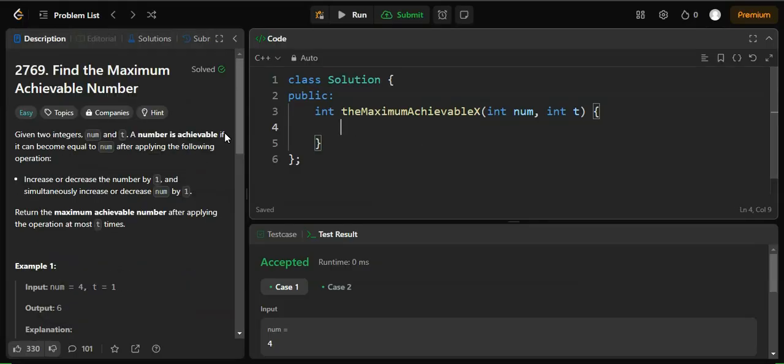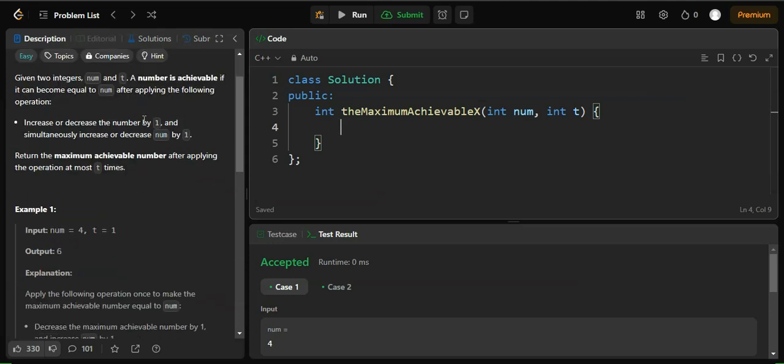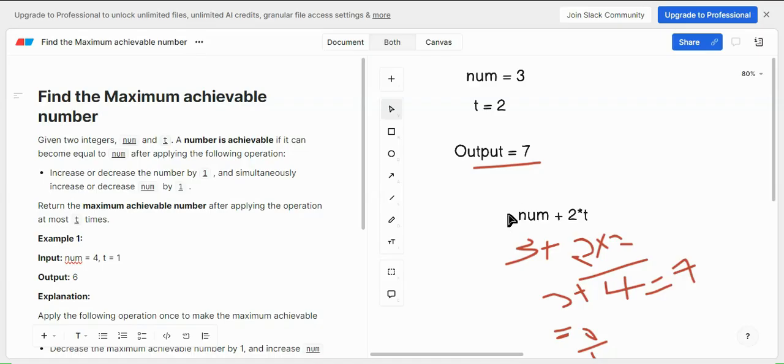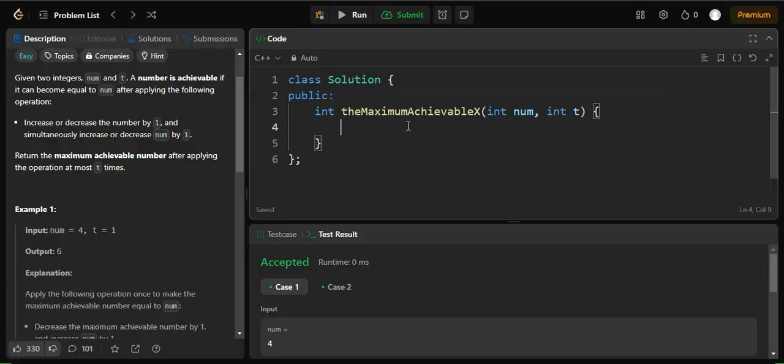As you can see, this is the LeetCode platform and this is the question, and we are provided a function where we need to write the code. As I said, we derived this formula from the problem statement, so I will just apply the same formula and return it.